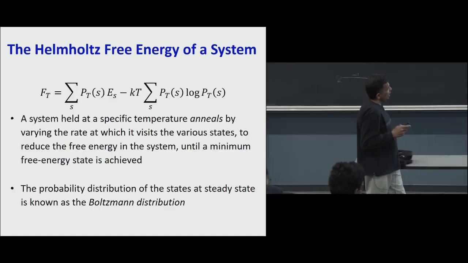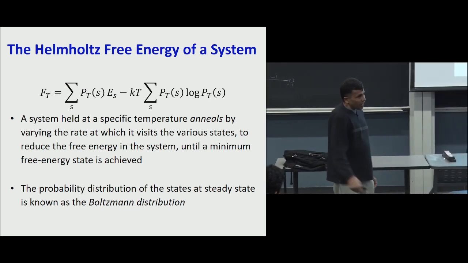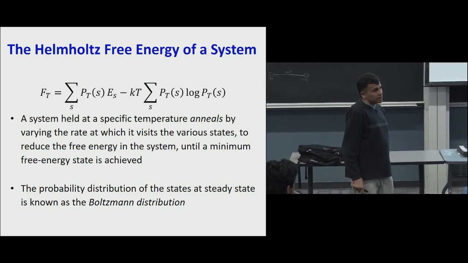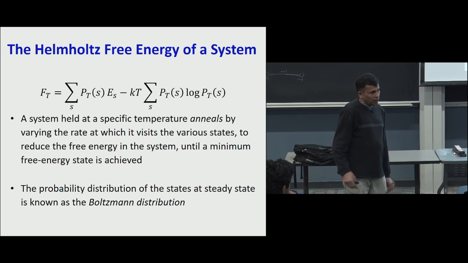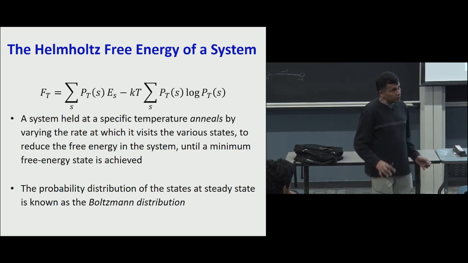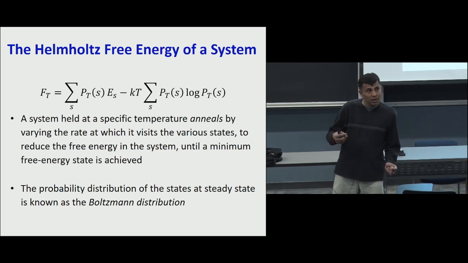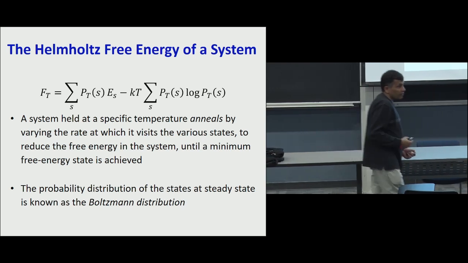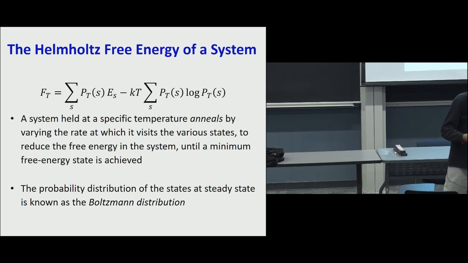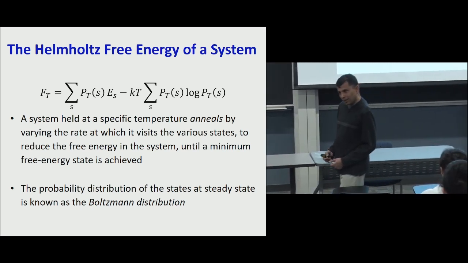And so useful work. If I hold a system at a specific temperature, it's going to keep bouncing around between states. But will it always keep bouncing around between states in a random manner? No. The probability with which it visits different states is slowly going to converge to some point.